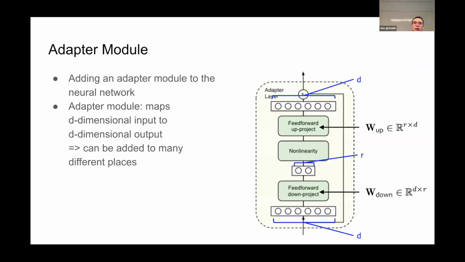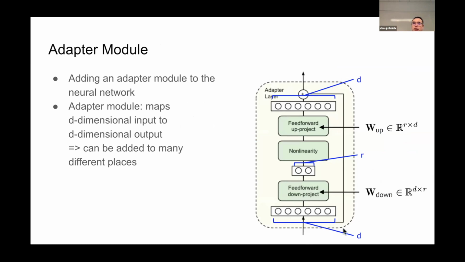Another simple way people do this is to add an adapter module. An adapter module can be anything, but in general it should be some kind of small neural network that maps the input to an output with the same dimension.